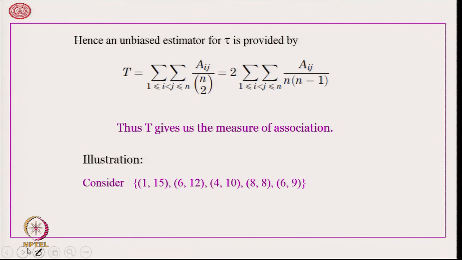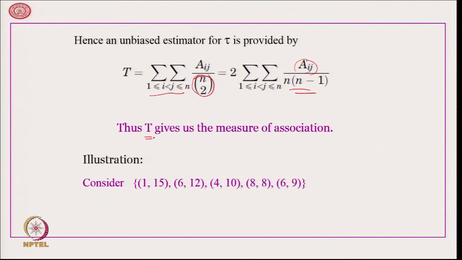Hence, an unbiased estimator for tau is provided by the sum over i and j, with i less than j, of A_ij divided by n choose 2, because there are n choose 2 possible pairs, which comes out to be 2 times the double sum of A_ij upon n into n minus 1. So, this t value we compute from the sample gives a measure of association between x and y.